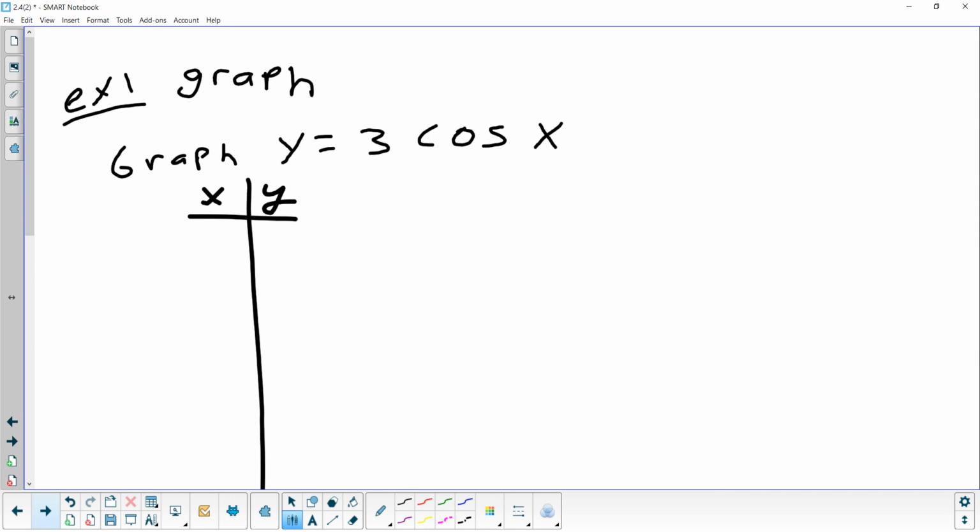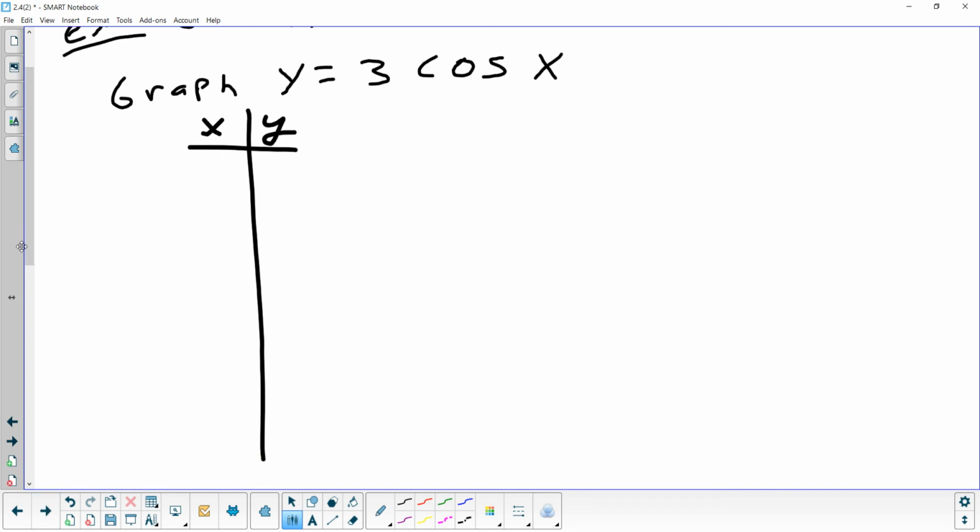How about James? Can you tell me what my X's are? All going to have pi's in them, except the first one. 0, pi over 2, pi, 2 pi, 4 pi.